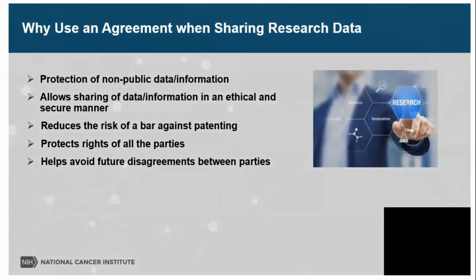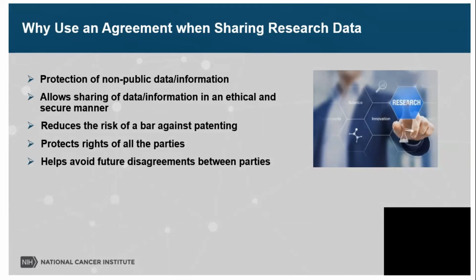First and foremost, why use an agreement when sharing research data? Agreements protect your proprietary data. They allow for protection of non-public data or information, such as information that has not been published, that has not been presented. Also, agreements allow for sharing of data in an ethical and secure manner. They reduce the risk of a bar against patenting.